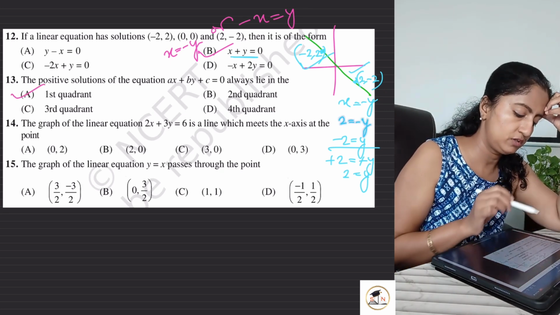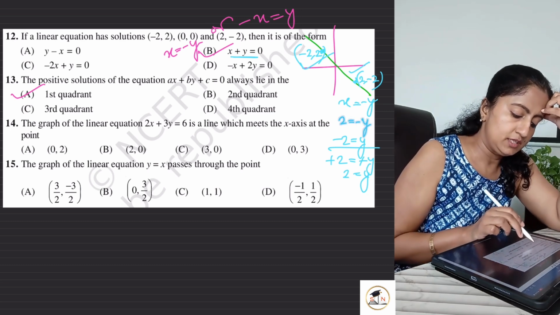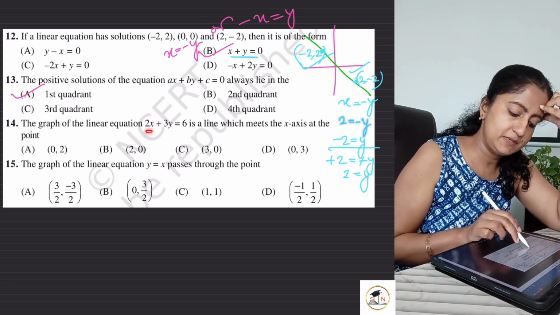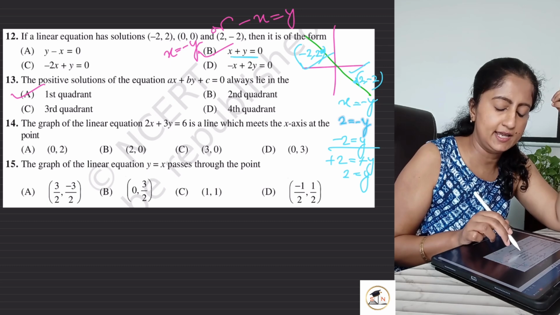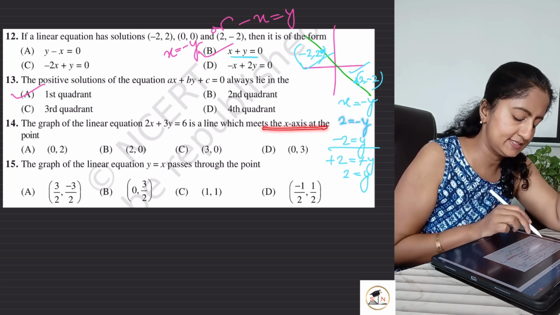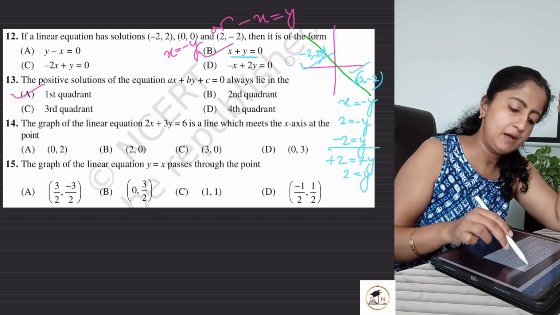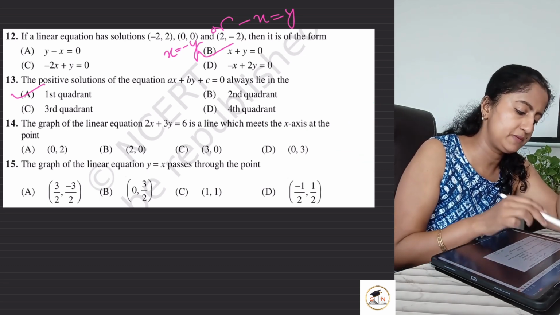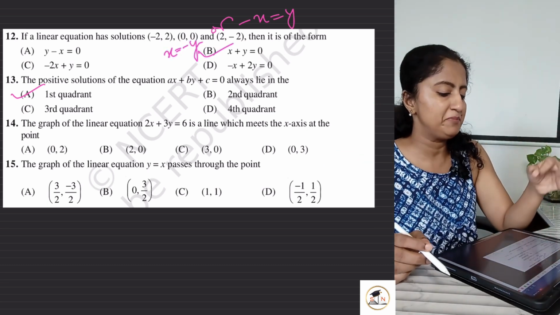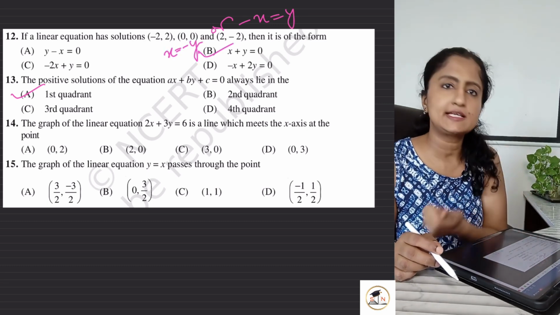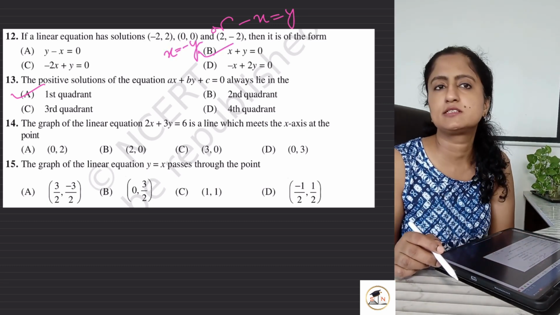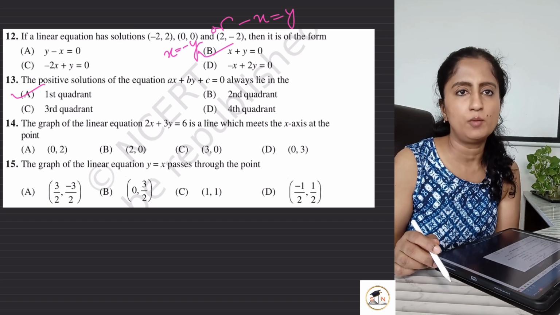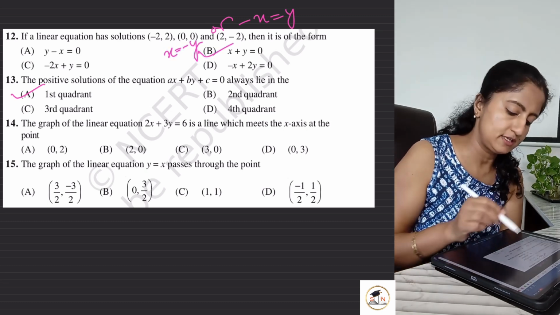Now moving on, the 14th question. The graph of the linear equation 2x + 3y = 6 is a line which meets the x-axis at the point. Okay. Now what are they telling us? We have a graph of a linear equation 2x + 3y = 6 which meets the x-axis. Meeting the x-axis means the y component is 0, right? So let's substitute.